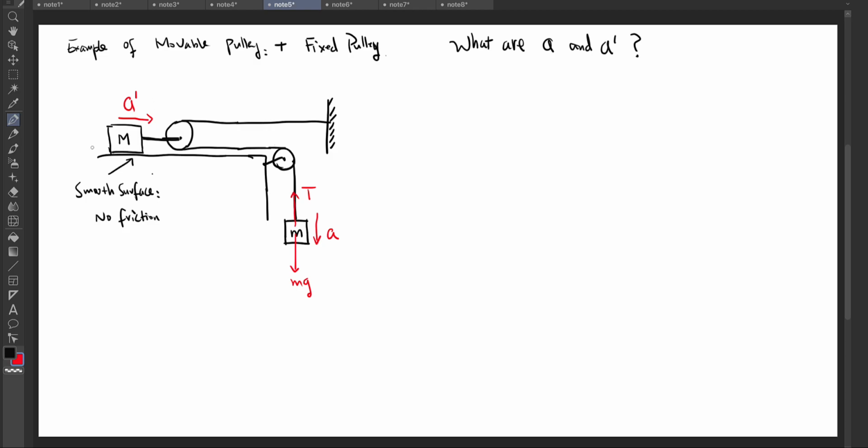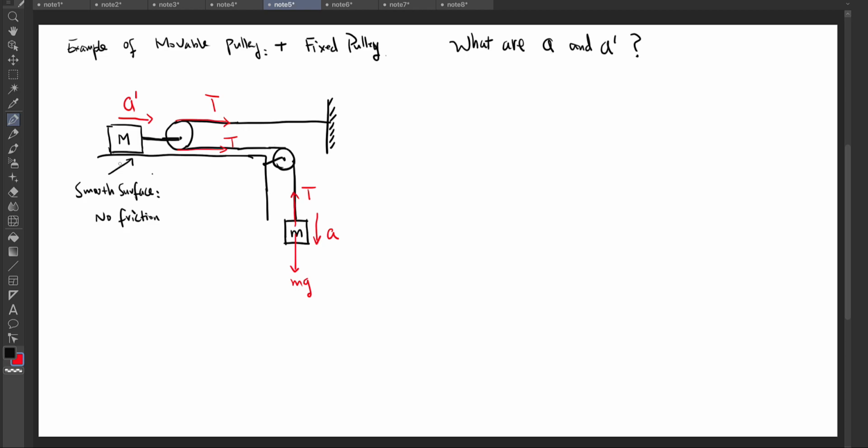Now for the big M, we need to consider the right side string, the lower side string tension force. It's T here, and another tension force T, and they're equal, right, for the reason that we discussed earlier.